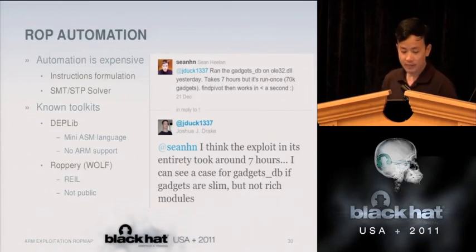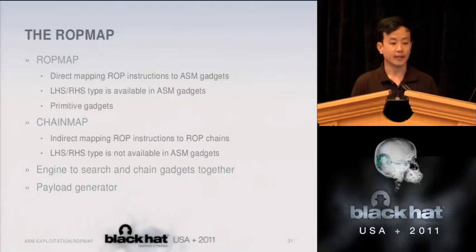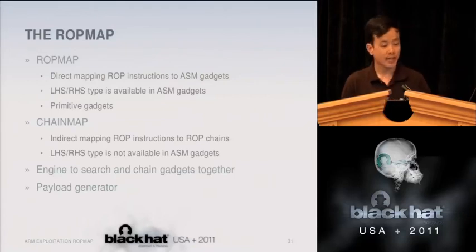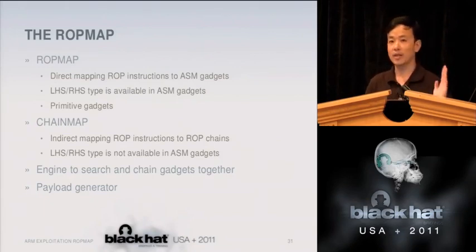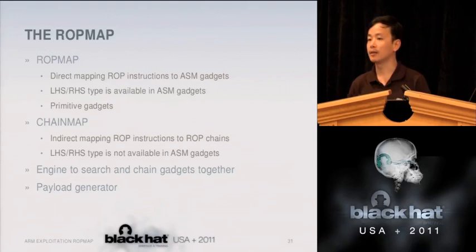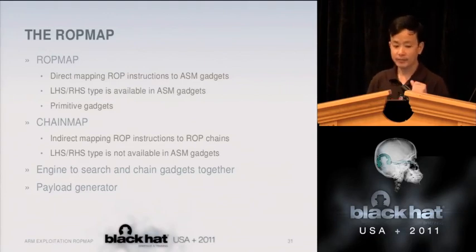So our implementation is what we call the ROPmap. Here we define the ROPmap as just a direct mapping from a ROP instruction to assembly gadgets. For example, from one ROP instruction to one or more assembly gadgets.